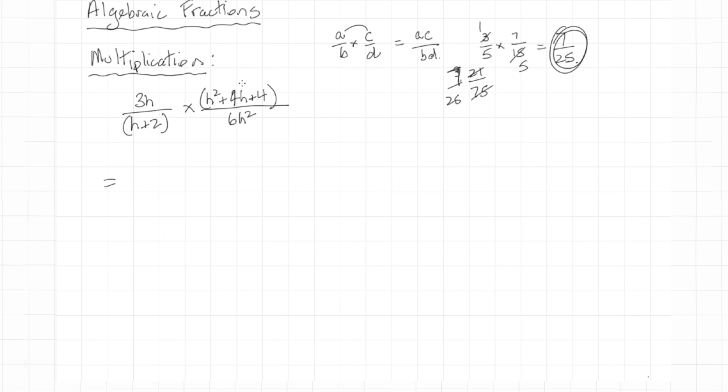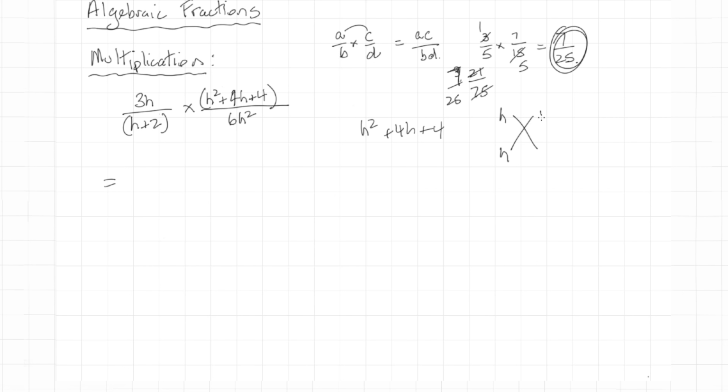So let's have a look first at factorizing h squared plus 4h plus 4. We firstly look for a common factor. There is none. And then we use our cross method. The factors of h squared are h and h. The factors of plus 4 could be plus 4 plus 1, minus 4 minus 1, plus 2 plus 2.